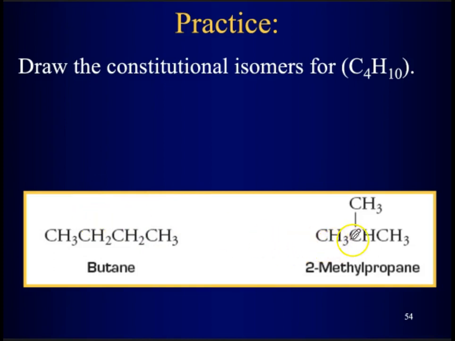So in that case, we put it in the middle. We now have 3 carbons in a chain with a methyl group, so 2-methylpropane. So if you want to draw these for your skeletal structures, butane, so 1, 2, 3, 4, and then take 1 off, so 1, 2, 3, and move it in the middle.